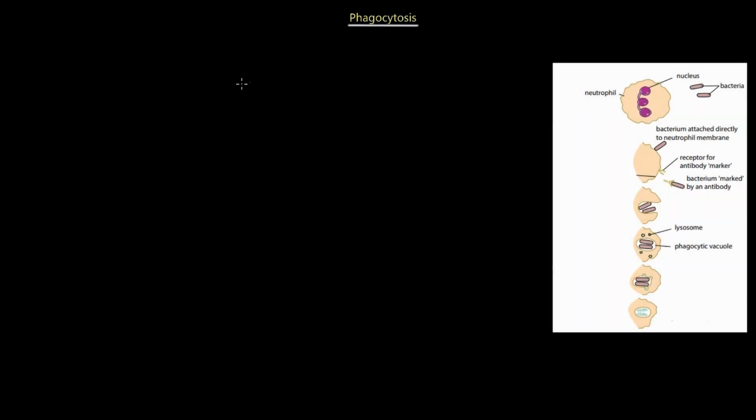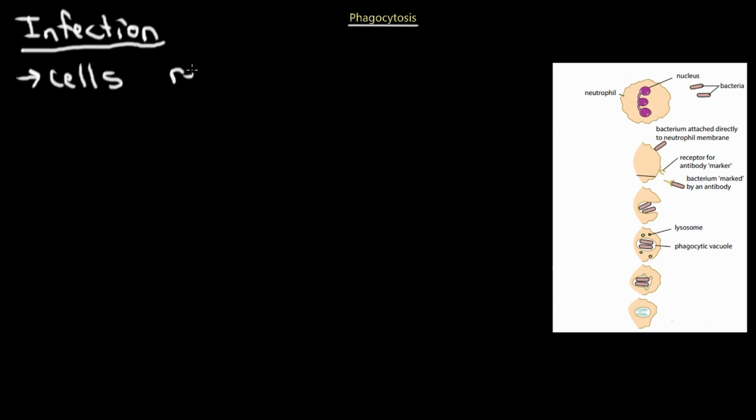So what is phagocytosis and how does it actually occur? So we have to begin with an infection of the body. When an infection of the body occurs, we're going to have cells that will be under attack, and they're going to release histamine. Once the cells are being destroyed by the infection of microorganisms like bacteria or viruses, they're attacking our healthy cells.